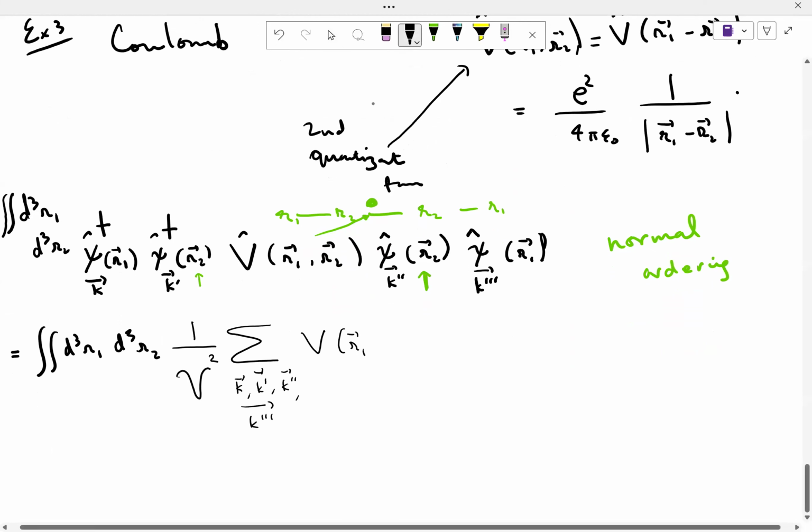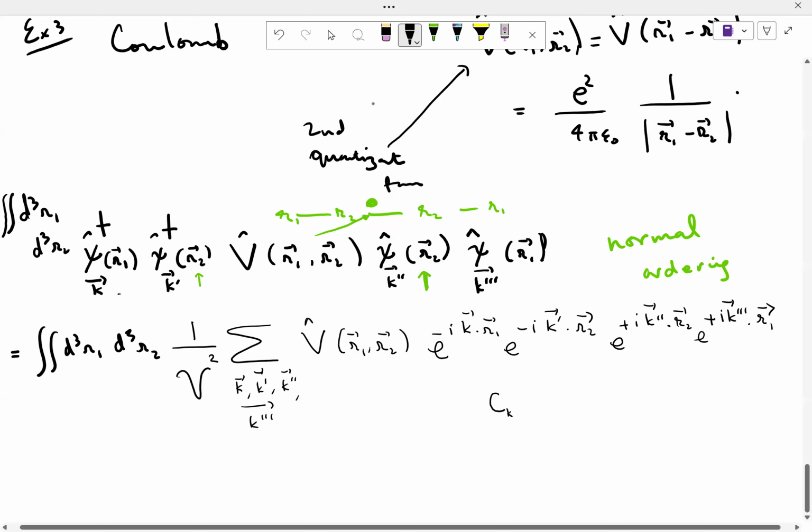This V of R1, R2, I just write as it is. And then I need to write exponents. So the field operators in the dagger form give me e to the minus i k R1, e to the minus i k prime R2, e to the plus i k double prime R2, e to the plus i k triple prime R1, followed by the creation and annihilation operators.